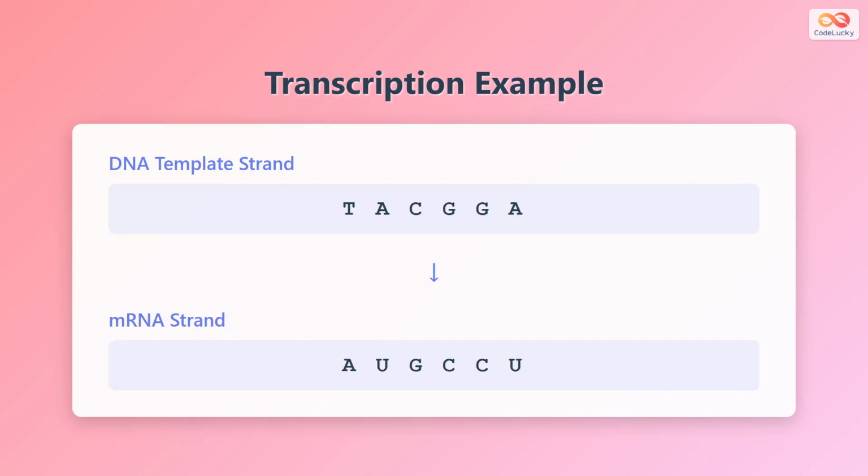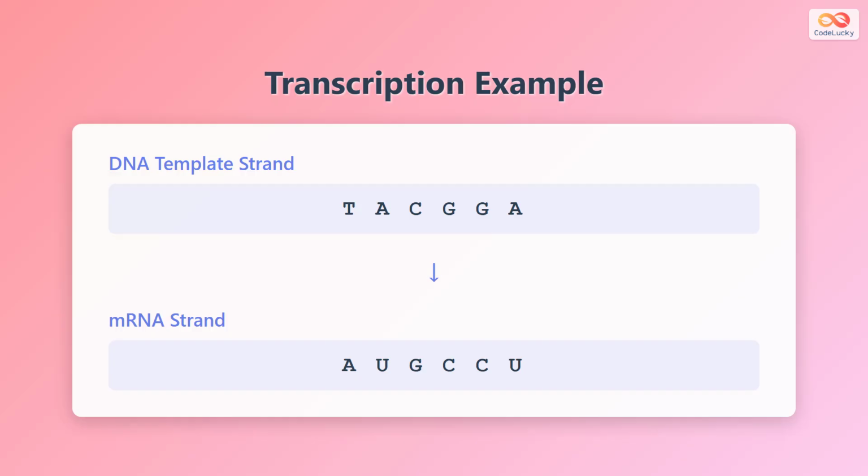Let's look at a concrete example. Imagine we have a DNA template strand with the sequence thymine, adenine, cytosine, guanine, guanine, adenine. When RNA polymerase transcribes this sequence, it creates a complementary mRNA strand. Thymine pairs with adenine, so we get adenine in the RNA. Adenine pairs with uracil, so we get uracil. Cytosine pairs with guanine, so we get guanine.